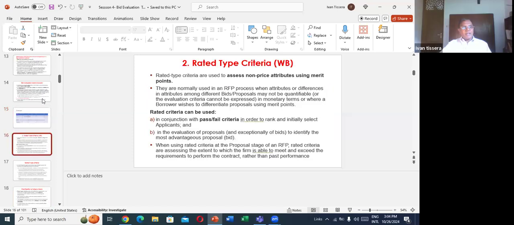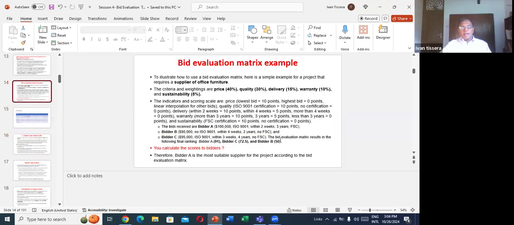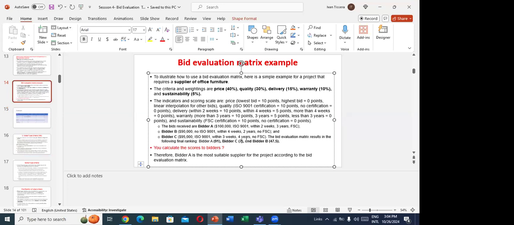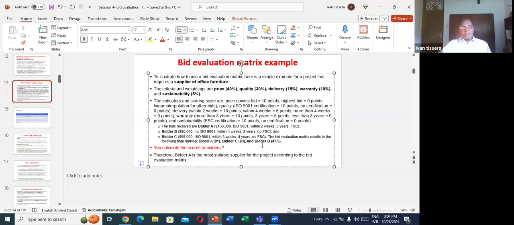Right. ක්‍රමවේදය දැනගන්න ඕනේ. C get how much? 83. Okay, those are the points. So therefore bidder A is the most suitable කියලා අපි කියන්නේ.